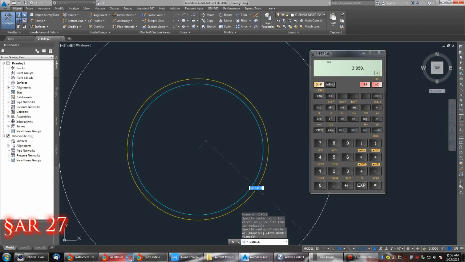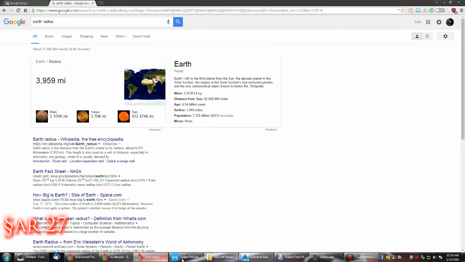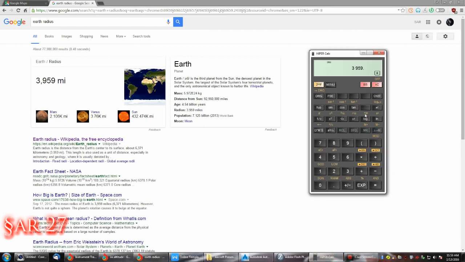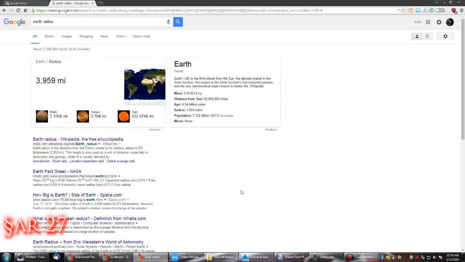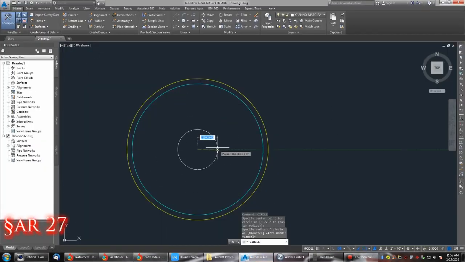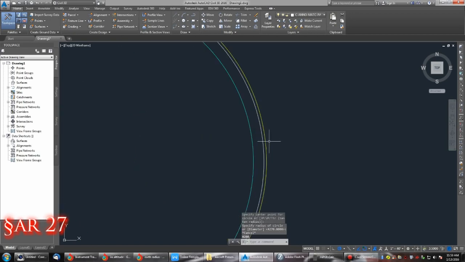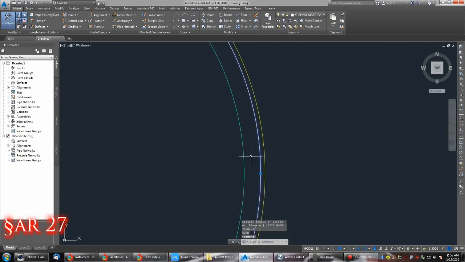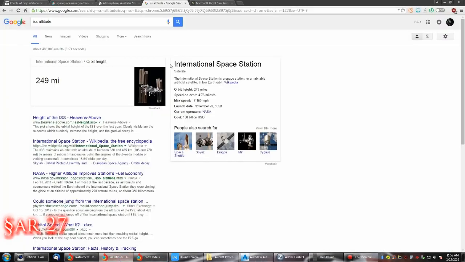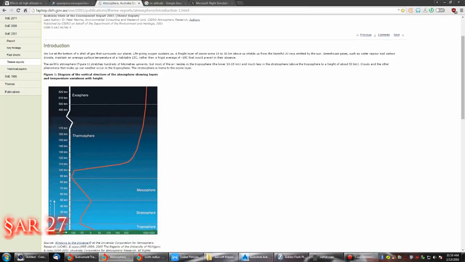Plus, and to verify, 249, about 250 miles. 4208. Now you can see that is not above the thermosphere here. It's about this area here. It's still within the thermosphere.